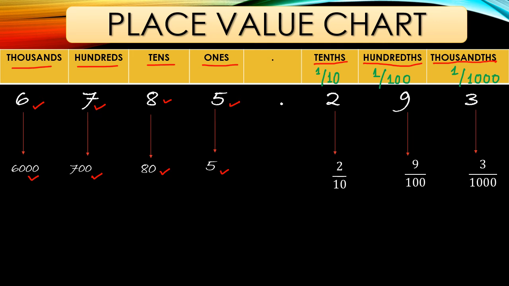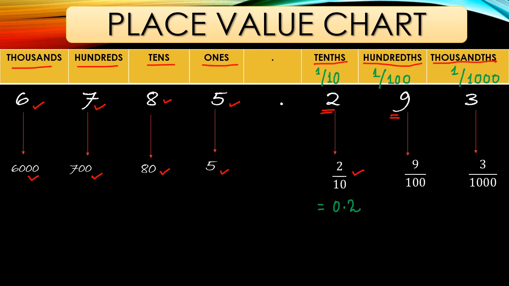Now come to the decimal part. Here 2 is at the tenth place. So the place value of 2 is 2 upon 10, which can also be written as 0.2. The next digit, that is 9, is at the hundredth place.